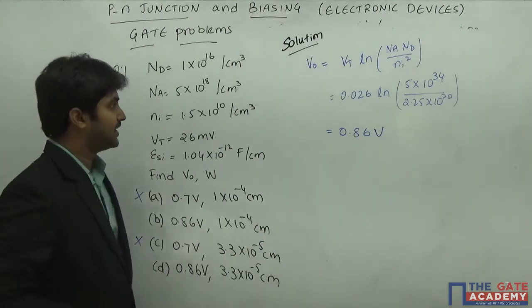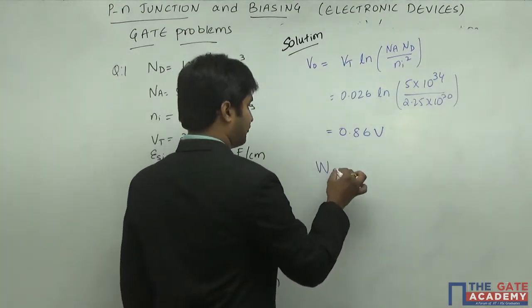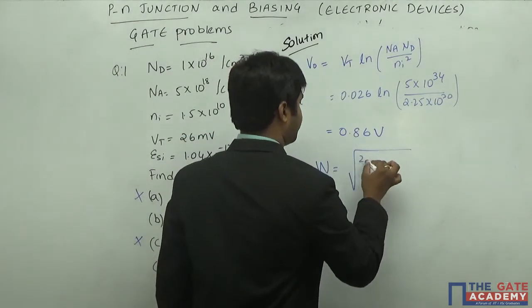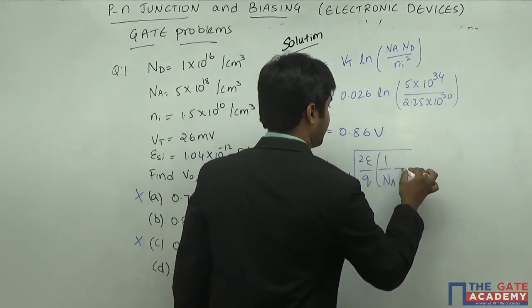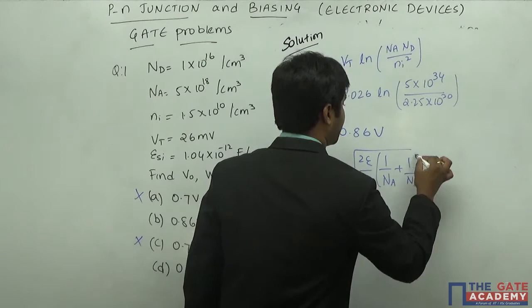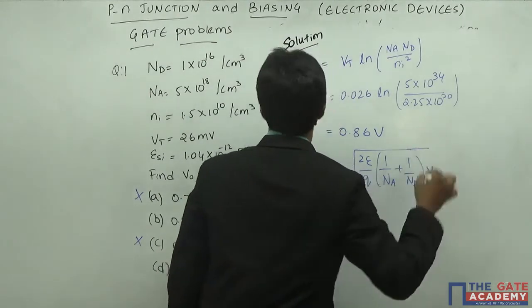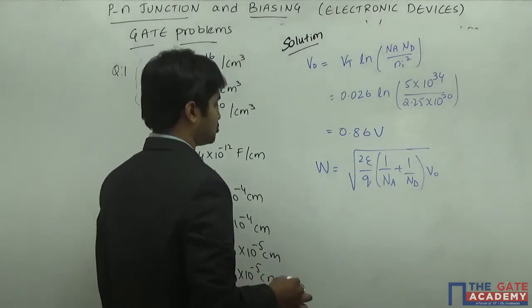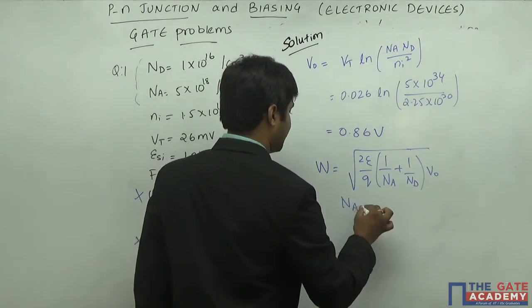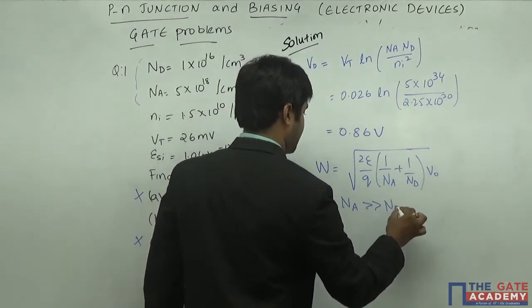Now we have to find the value of W, which is equal to the square root of 2 epsilon by Q, 1 by Na plus 1 by Nd, multiplied by V0. What is there in our data is that Na is going to be much higher when compared to Nd.